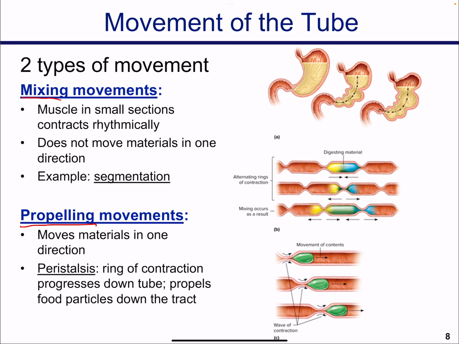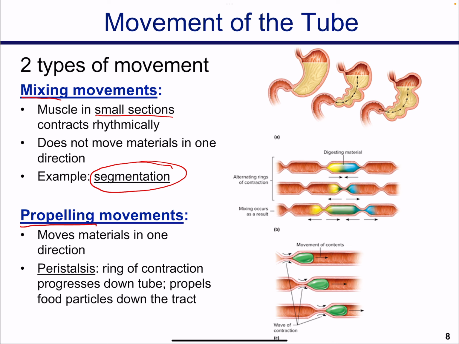Now, the movement of mixing is going to occur in small sections that are going to contract rhythmically, right? Now, this motion is not actually moving the material in one direction. It's actually a type of movement that is called segmentation, okay?